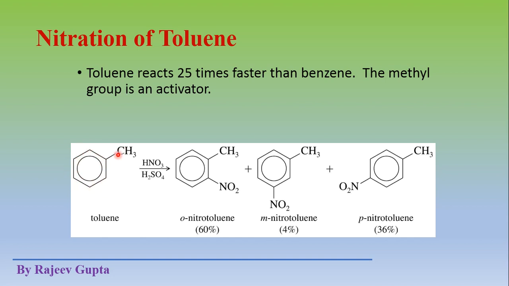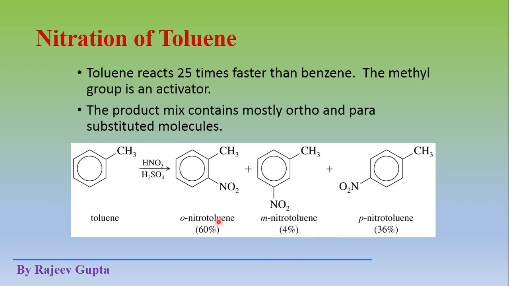Also it increases electron density on ortho and para positions. So this alkyl group is ortho and para directing. So we get ortho and para products as major products.